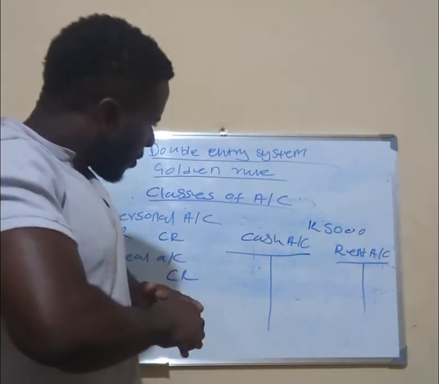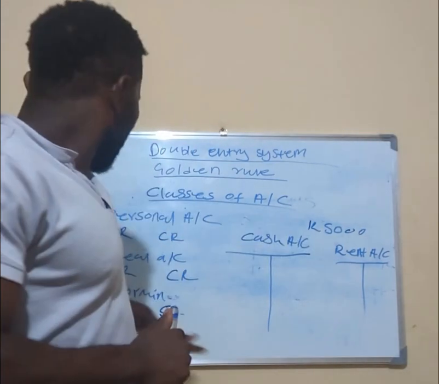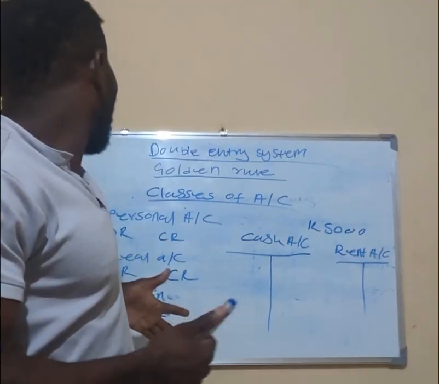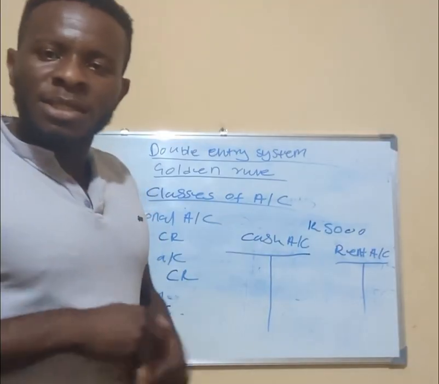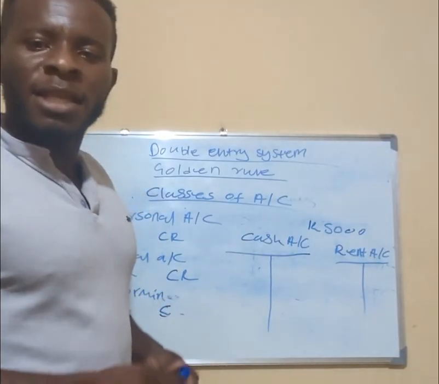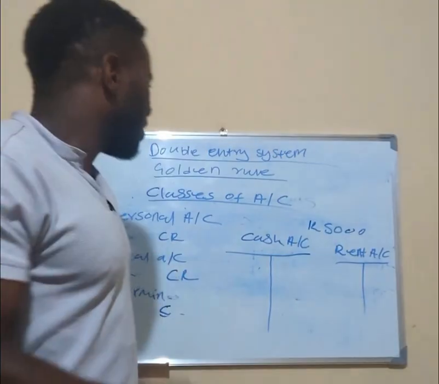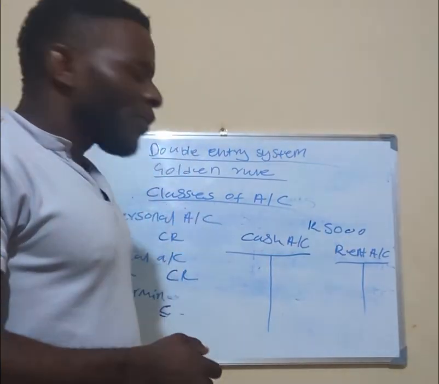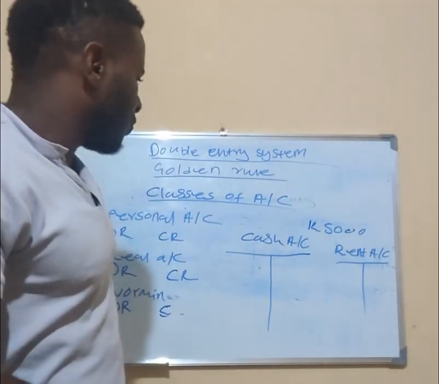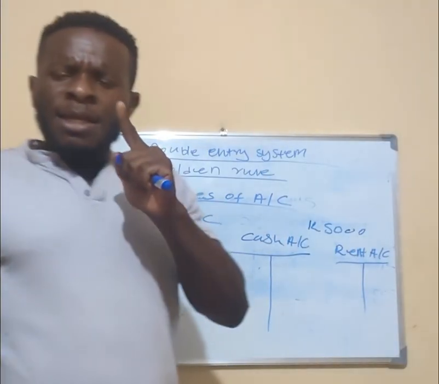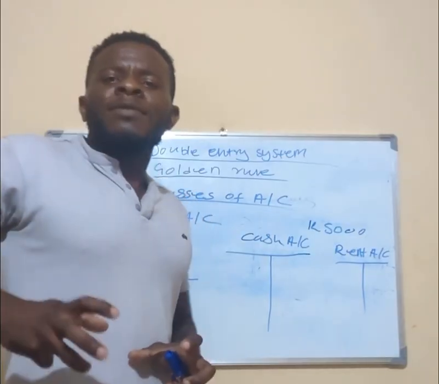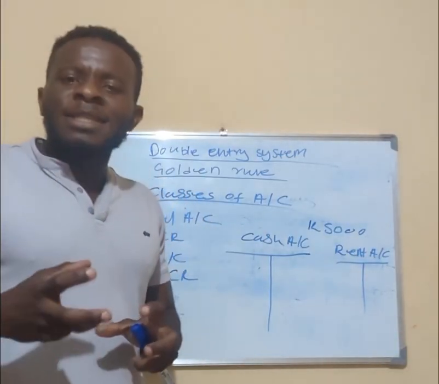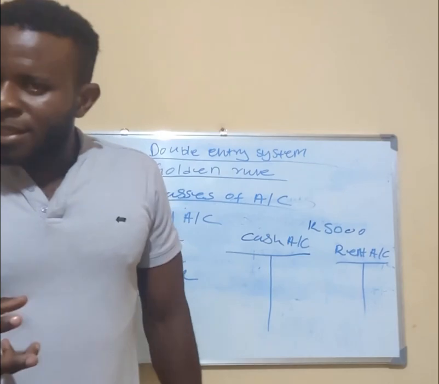So now, I want to explain the nominal. Someone might ask, why do we debit the losses, and why do we credit the gains? So this is what I'm trying to explain now. There's a statement under the golden rule of accounts which says, to every credit entry, there is a debit entry.